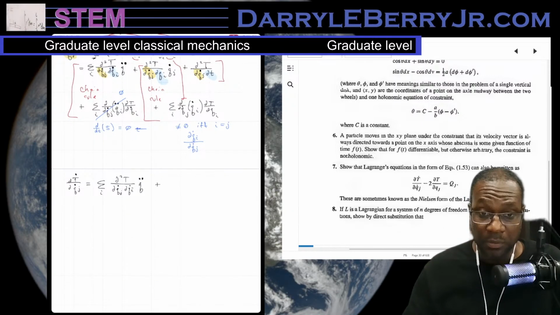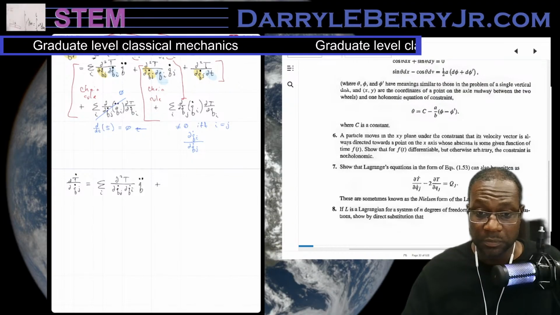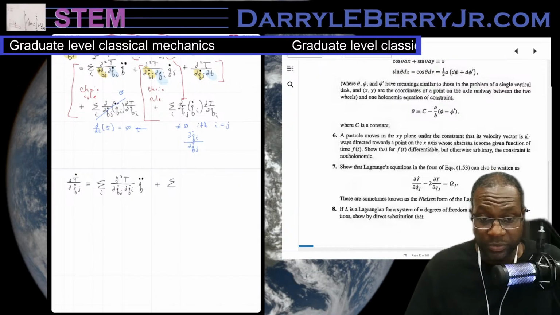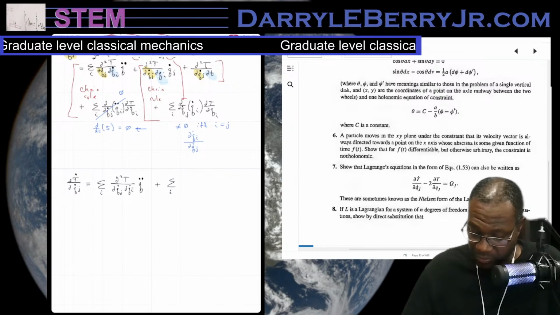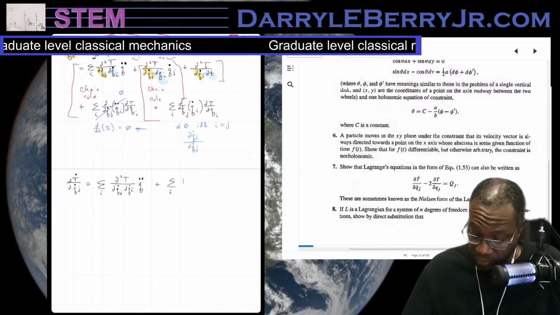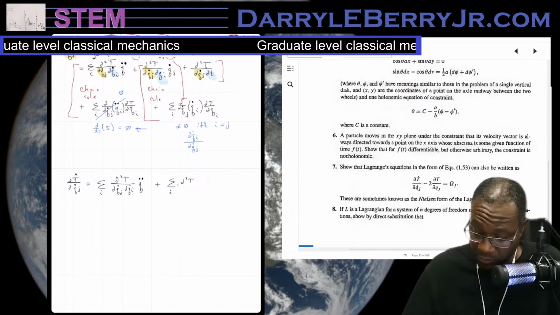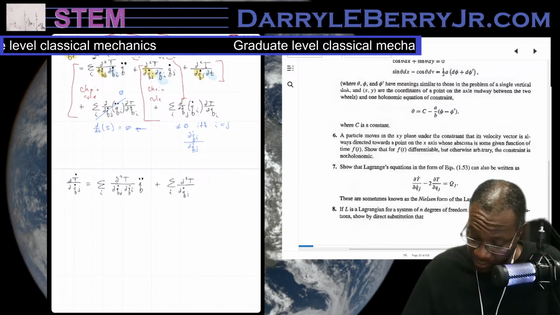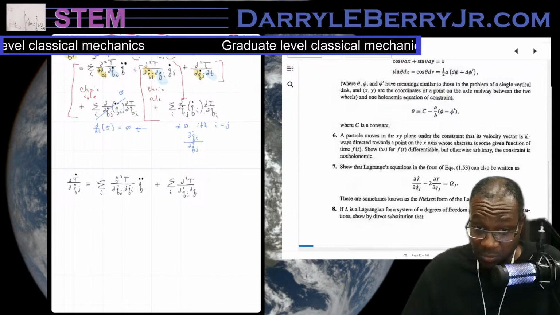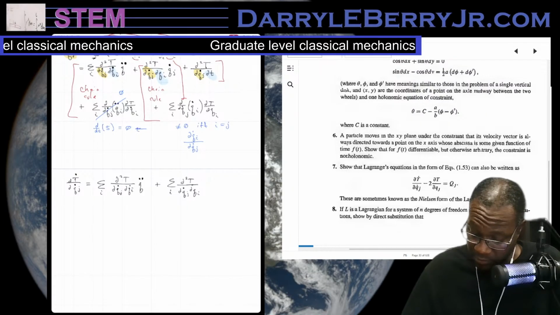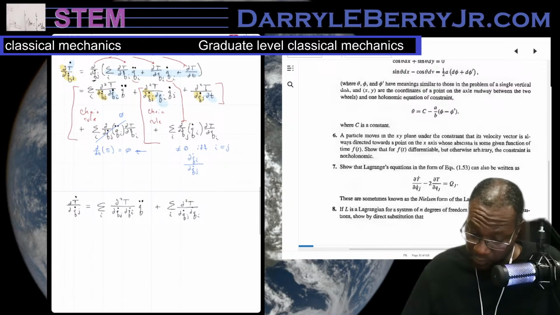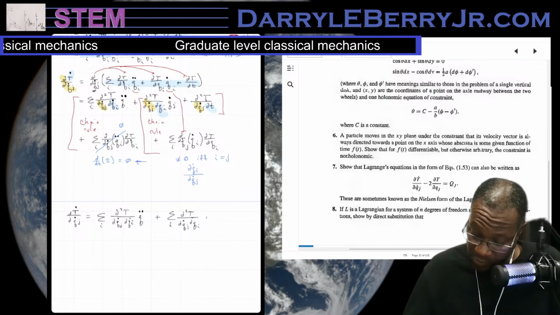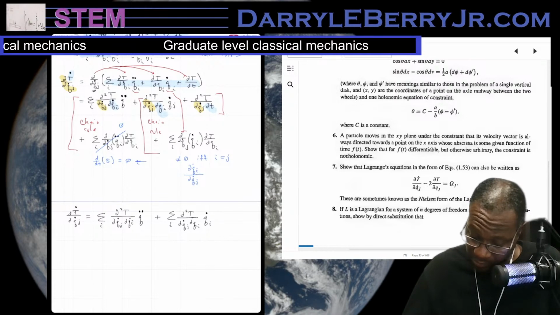plus the sum over, I know that she didn't write which index she's summing over, but I'm pretty sure it's still I, of partial squared T over partial q dot j partial q I, times q I dot.